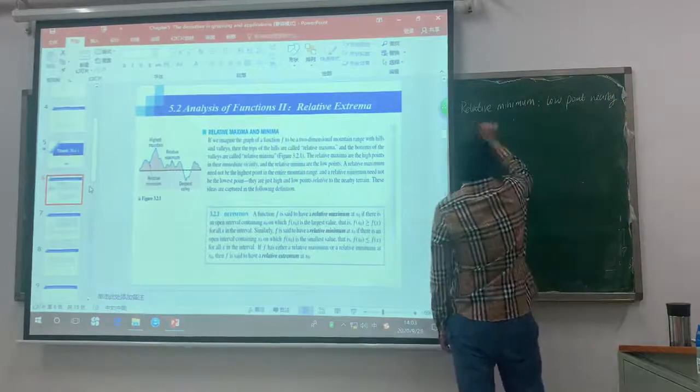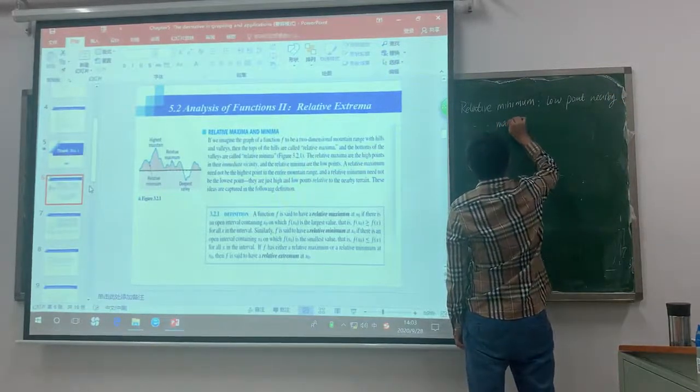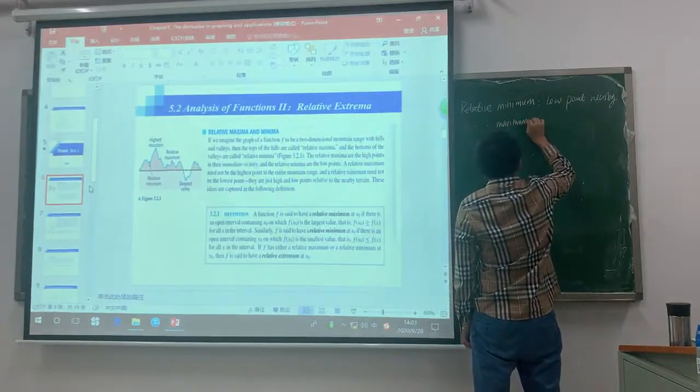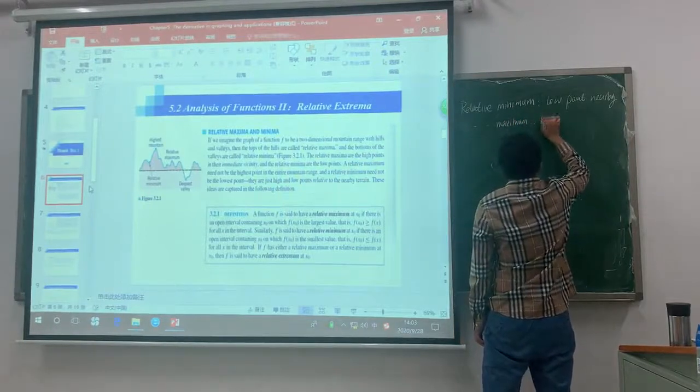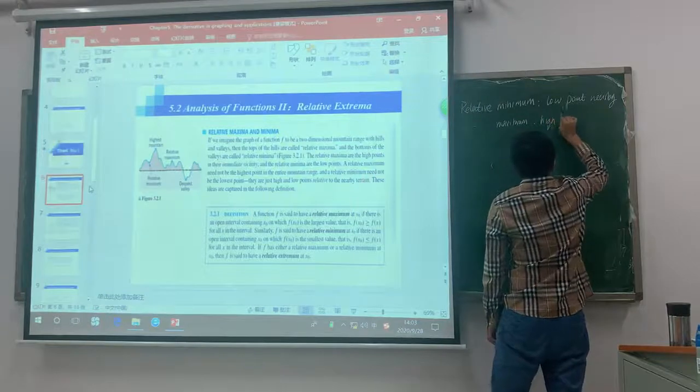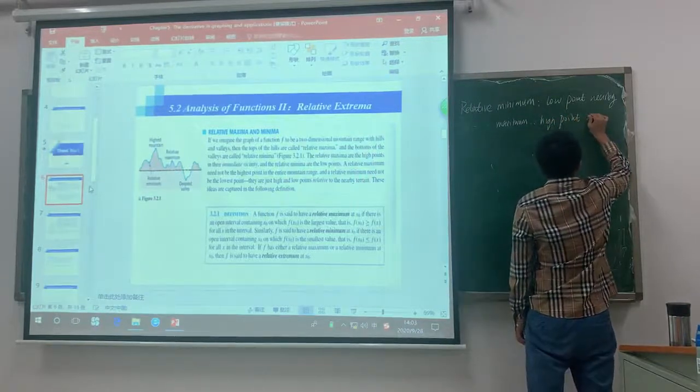And the relative maximum means the high points nearby.